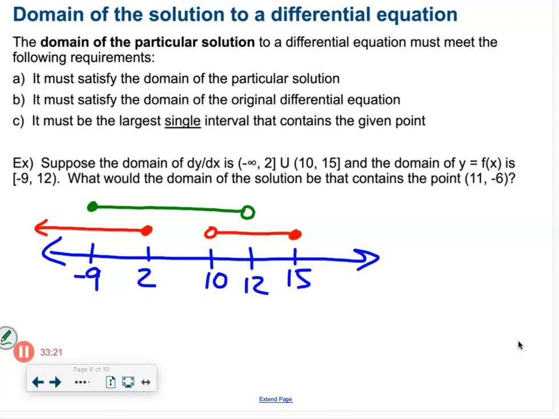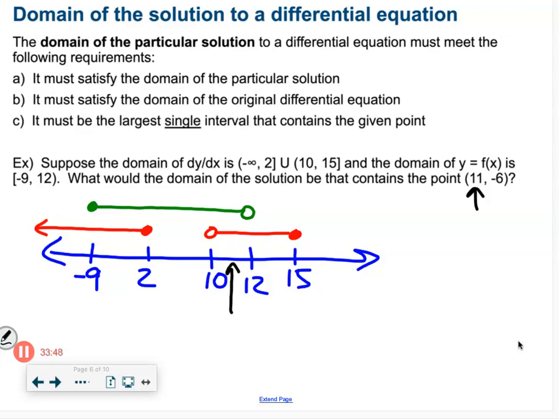The intersection of these two domains would be negative 9 to 2 inclusive with brackets, right? And then 10 to 12 exclusive with parentheses, open, right? Okay, but which one do I pick? Now I look at my point. My point has an x value of 11. So I ask myself, well, where does 11 fall?